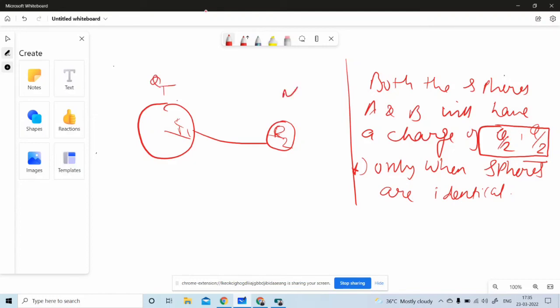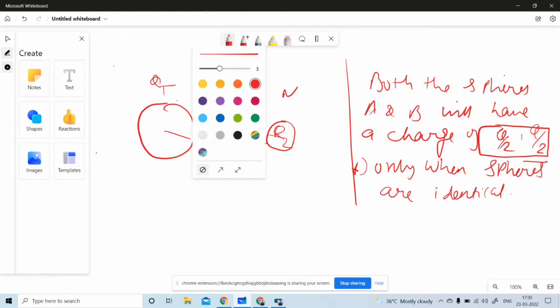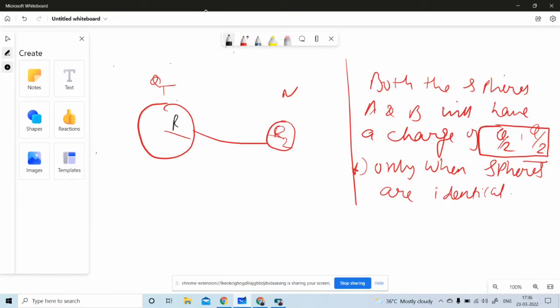Now I make a physical contact, so one will lose electrons and another will gain electrons. Electrons will move from the neutral body to the positively charged body. But here the radii are r1 and r2. So after the process gets over, this sphere will get a charge q1 equals Q total into r1 upon r1 plus r2. This is the formula to calculate the charge on the body when the spheres are not identical.